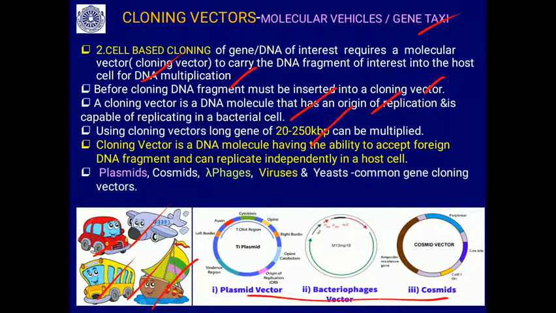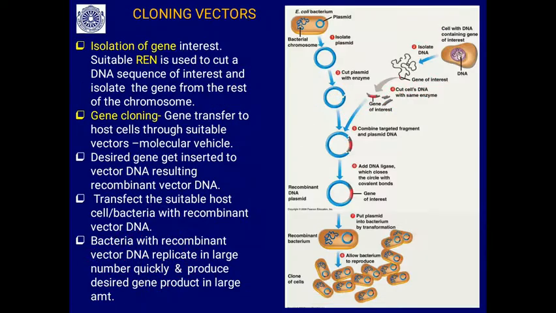These are all circular DNA molecules. They have some different characteristics. They are like vehicles, but they have special features. So depending on our requirement, we will use these molecular vehicles or cloning vectors.